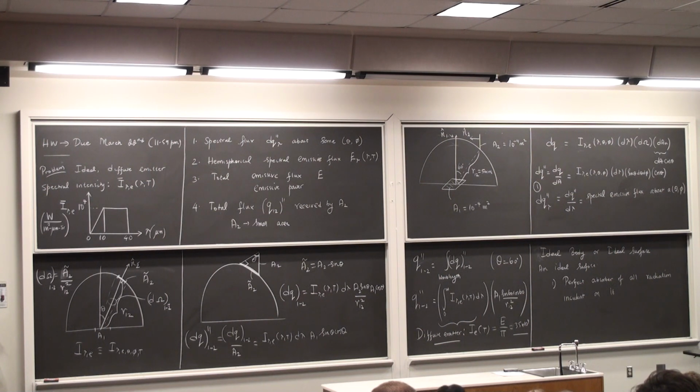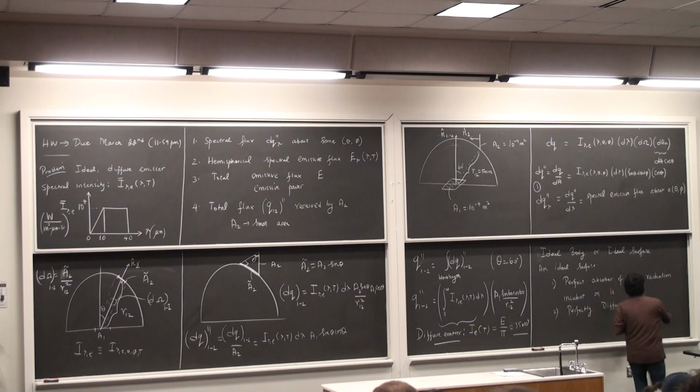The second thing is an ideal surface is a perfectly diffuse emitter, so that the intensity of emitted radiation is independent of the angle, and it is actually the same in all directions. That's important to characterize.